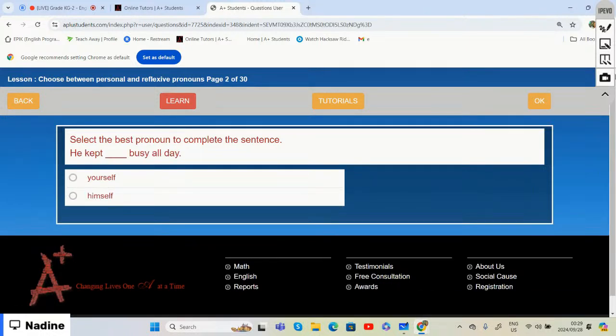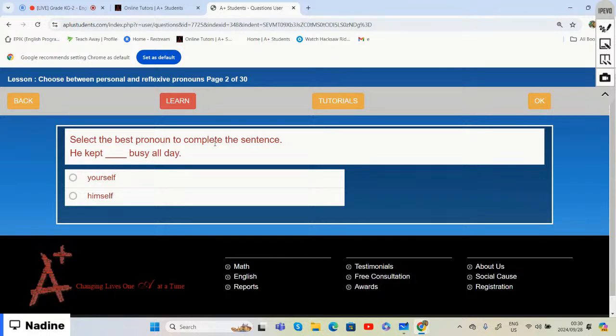All right, if we look at the next one, it says, do we say he kept yourself busy all day, option one, or do we say he kept himself busy all day, option two? We need to select the best pronoun.